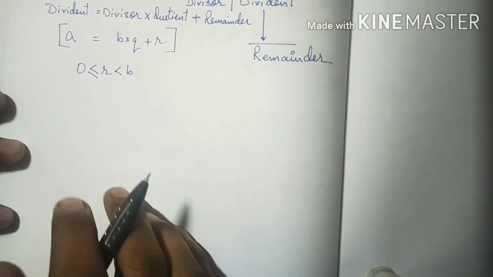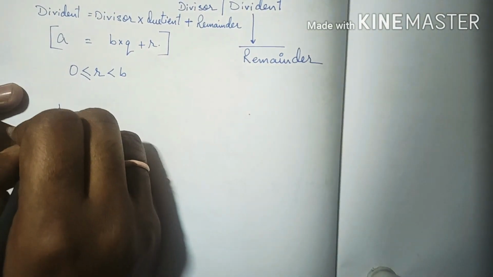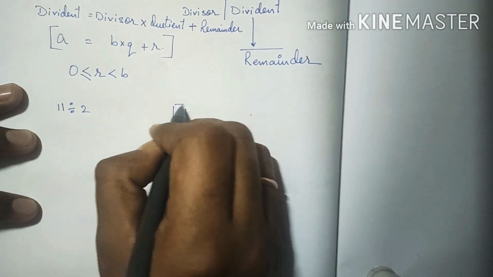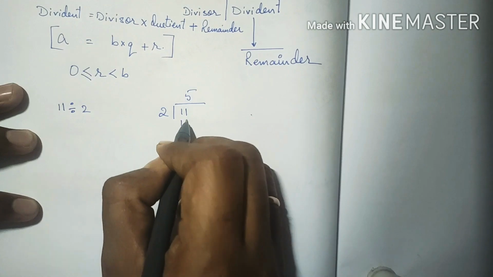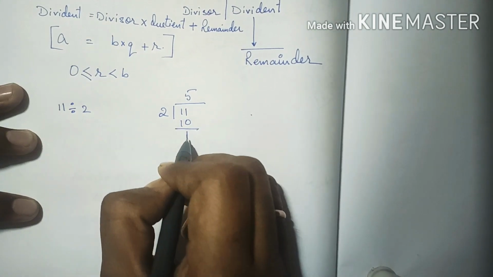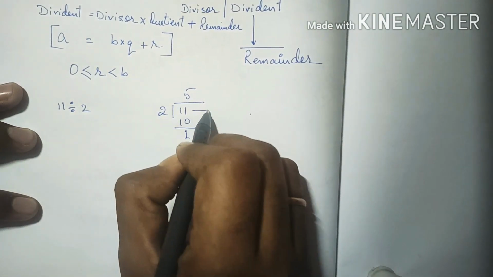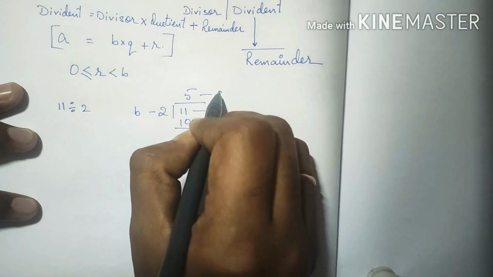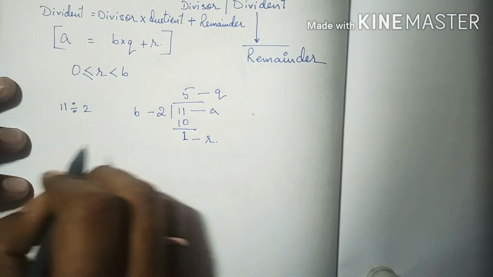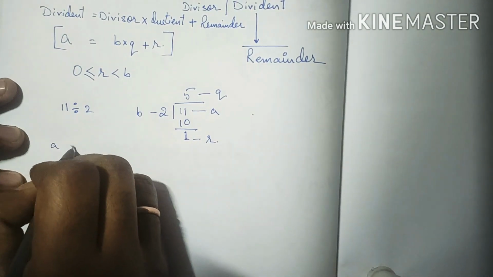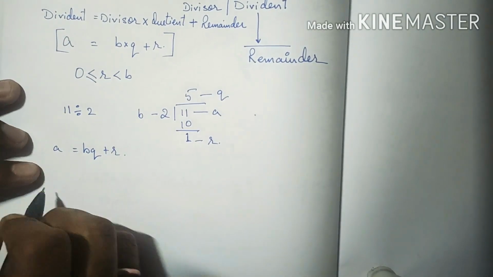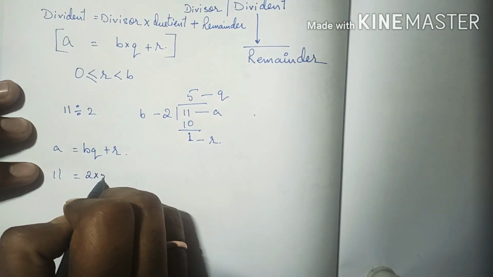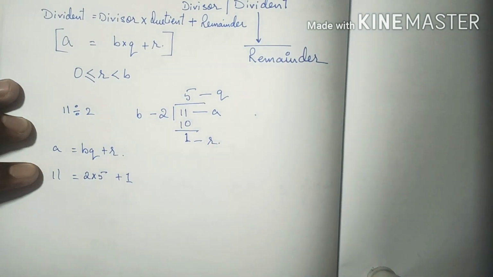So let us take an example, like we need to divide 11 by 2. So what we'll do, we'll divide it like this, right? Let's say this is A, this will be B, this will be Q, and this will be R. So we can write it as A equal to BQ plus R, that is 11 equal to 2 into 5 plus 1.